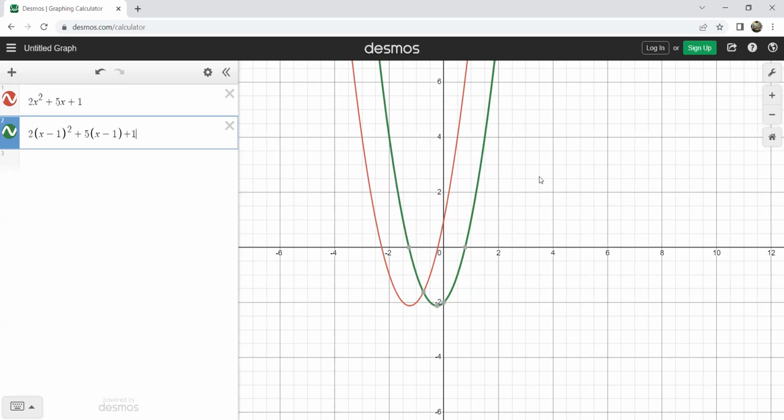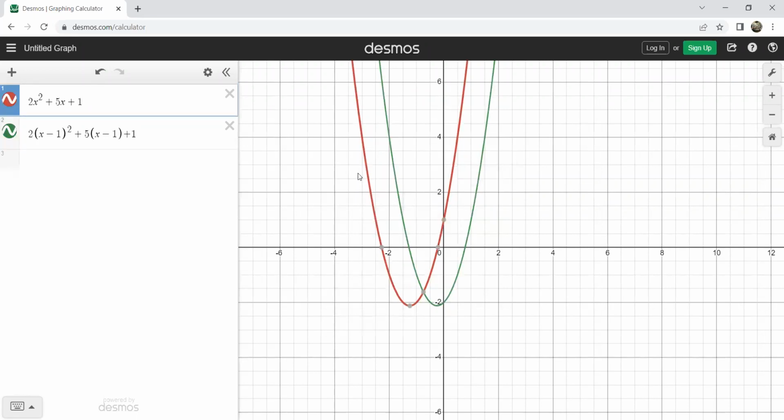Ooh, what happened? My original graph was 2x squared plus 5x plus 1. I shifted my x values and I see a horizontal shift in the original graph. This green graph is the same graph as the red graph.